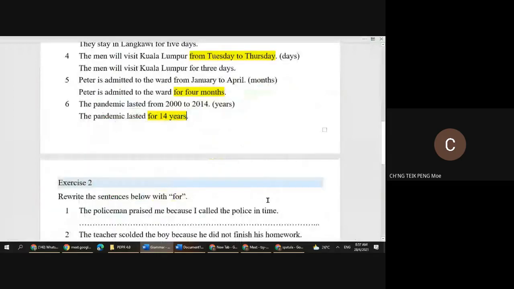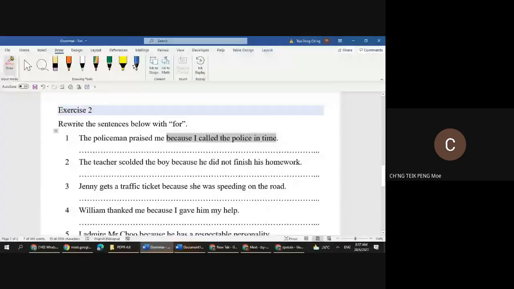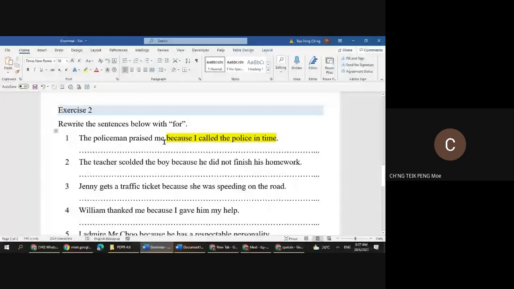The policeman praised me, puji saya, because I called the police in time. Okay, this is the reason. Okay, because I called the police in time. This is the reason, sebab polis itu puji saya. So how can I rewrite the sentence in for? Anyone?